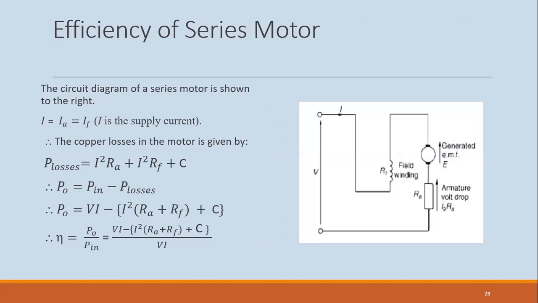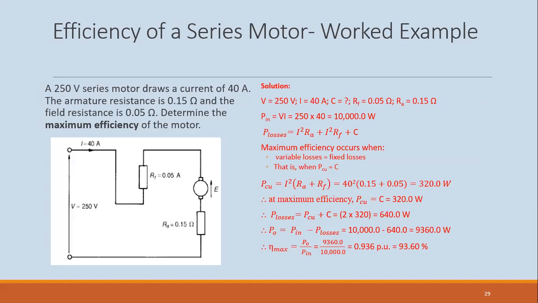Anybody remember the conditions for maximum efficiency? The fixed and variable losses are equal. Right. Very good. All right. So again, as usual, we write down the data from the problem.